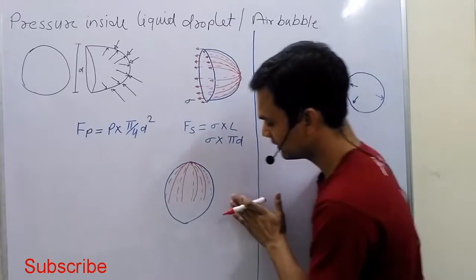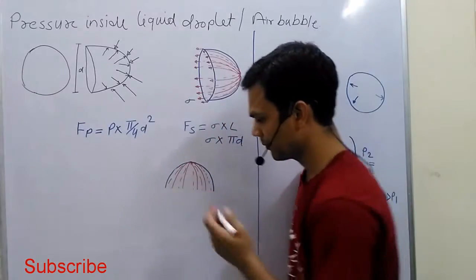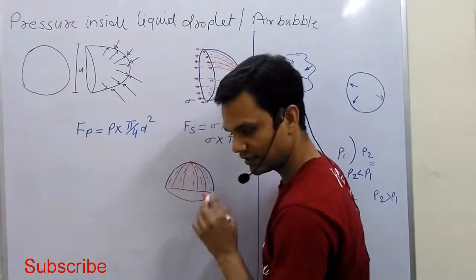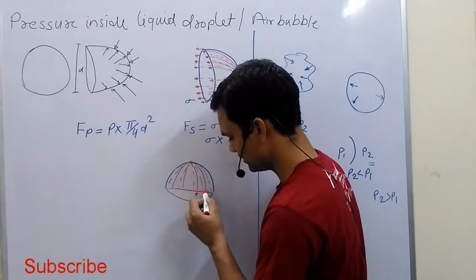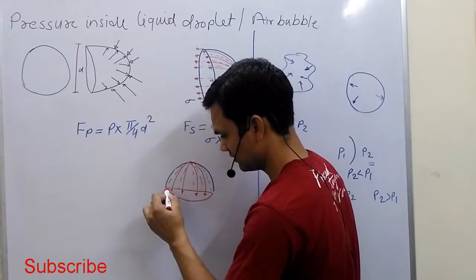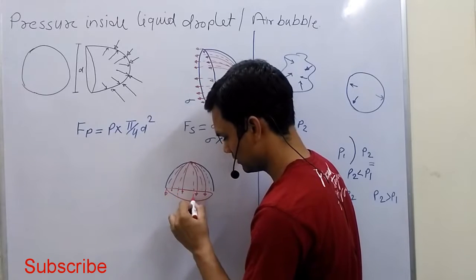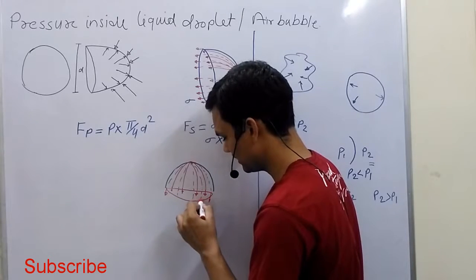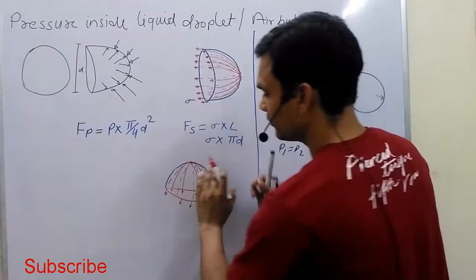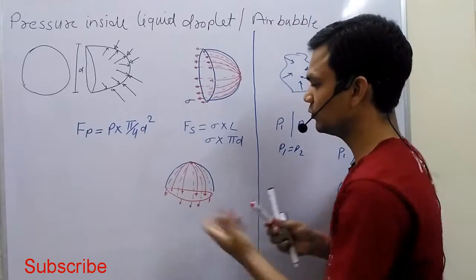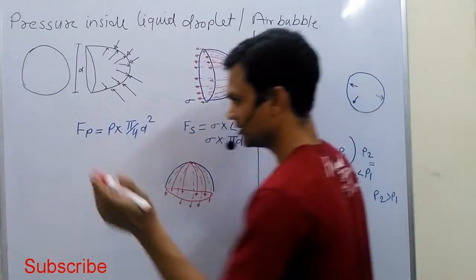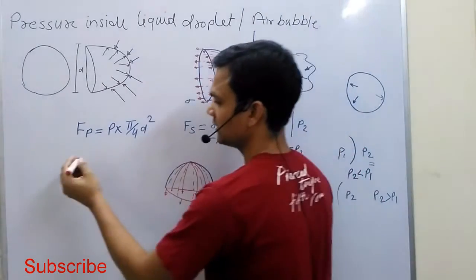Now if I cut this football into half, its cross section is like this, and these are the surface tension forces. They will act on the periphery of this, so the formula for the periphery is like this. For equilibrium condition, we have to consider that these two forces are equal.